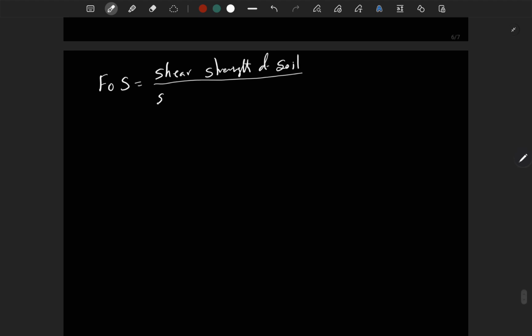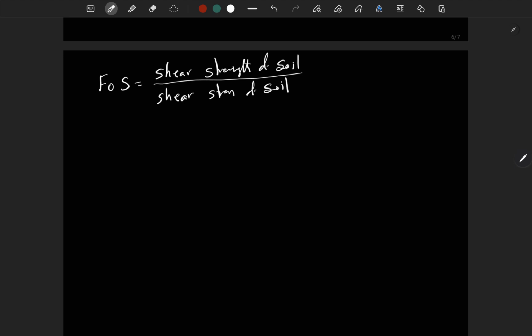The factor of safety in case of stability of soil is the shear strength of soil divided by shear stress of soil.